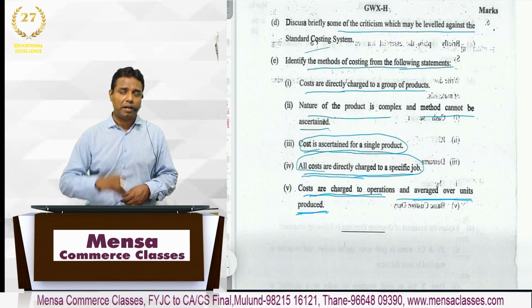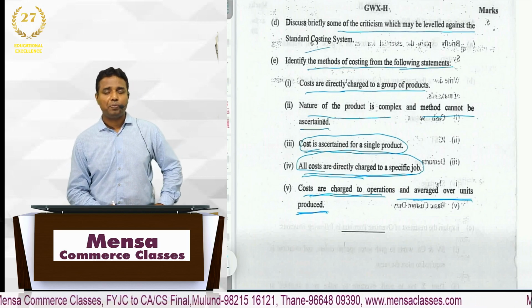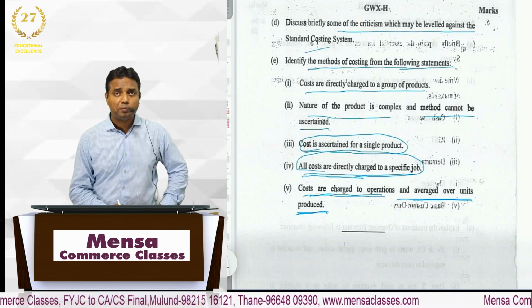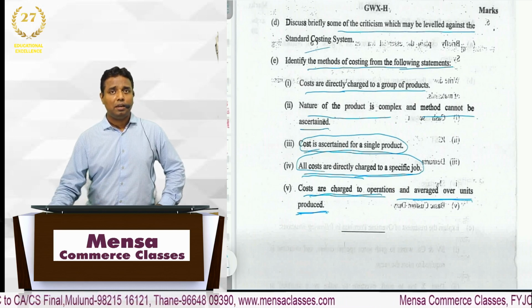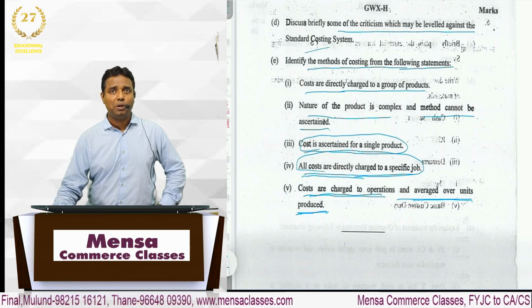So total cost divided by the number of units. Fine. So this is how you will do this particular system. Okay, I hope it's useful to you. Thank you very much.